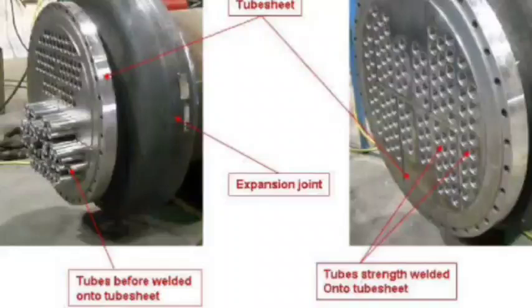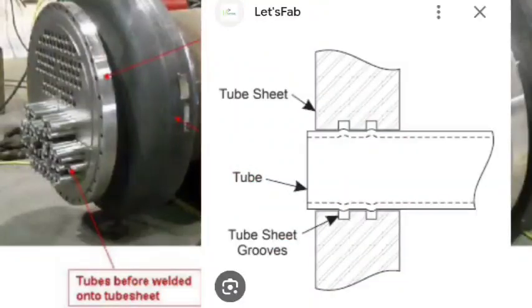And EIL has some guidelines for where we have to use a strength weld and where we have to use an expanded joint. An expanded joint is different from a full strength weld; in an expanded joint they just create a groove and tighten it.